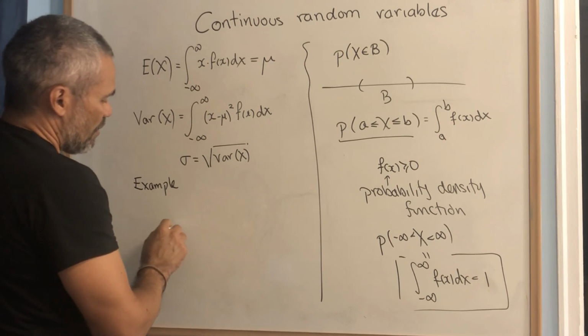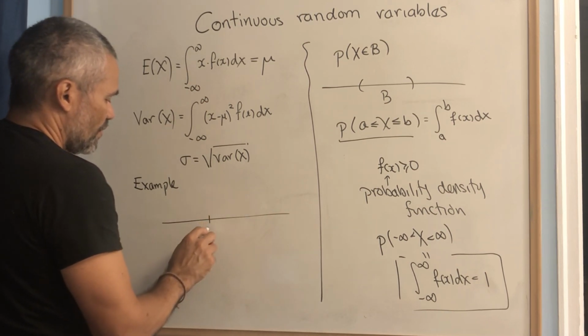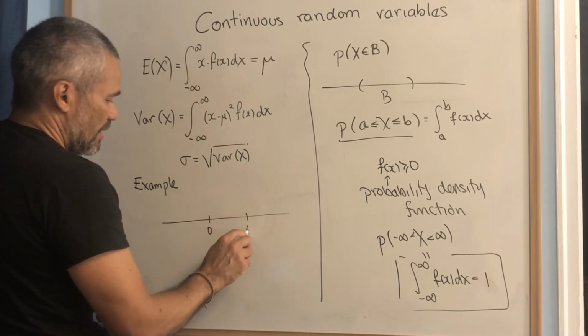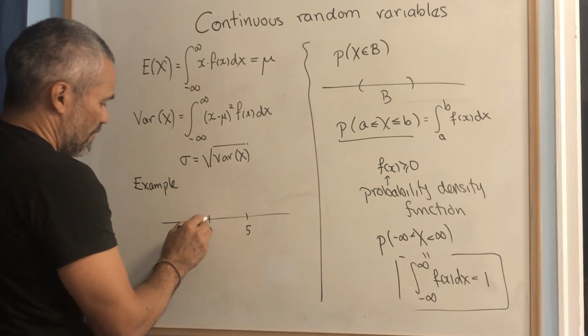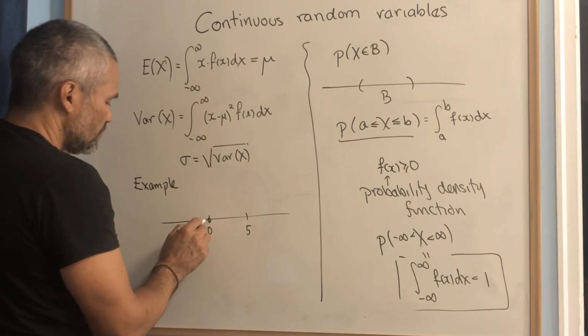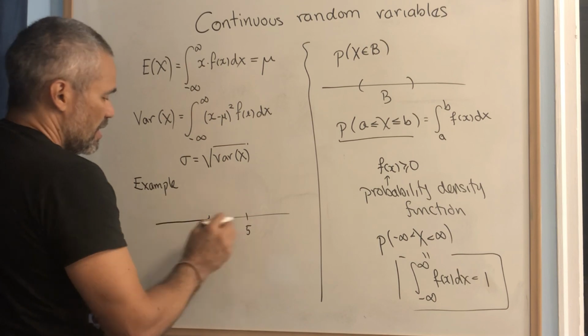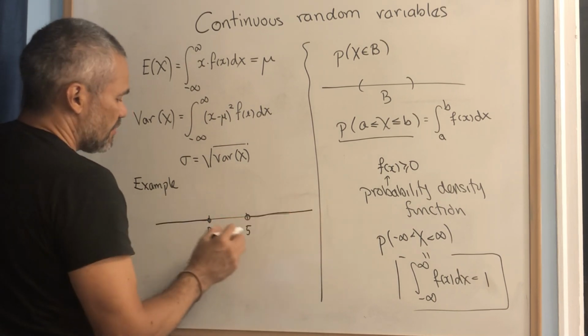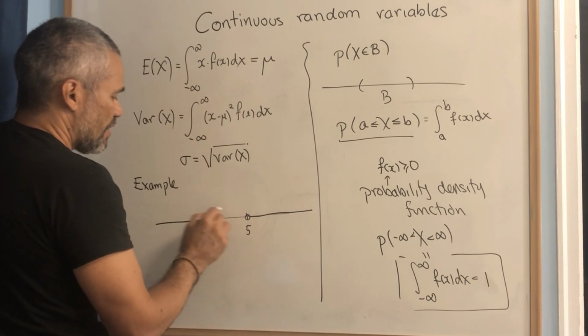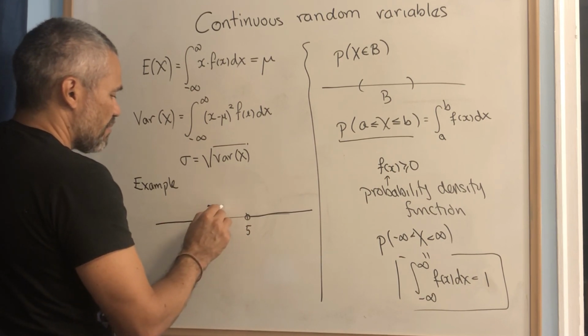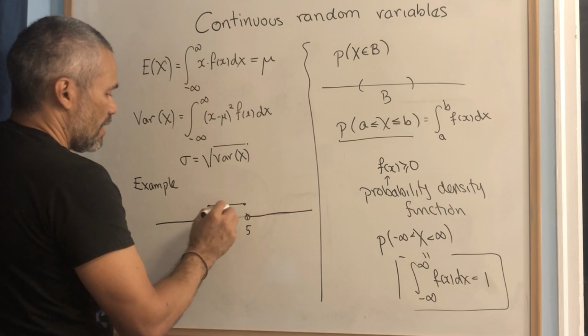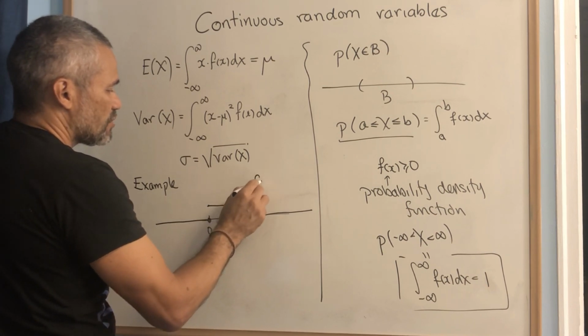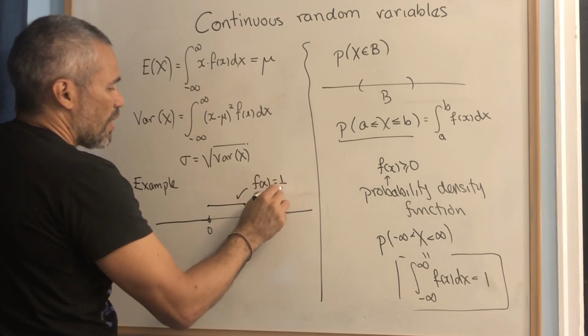Let's suppose that our function is defined in the following way. Before 0 it is 0, after 5 it is 0, and between 0 and 5 it is given by f of x equal to 1/5.